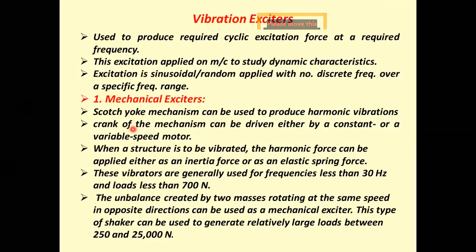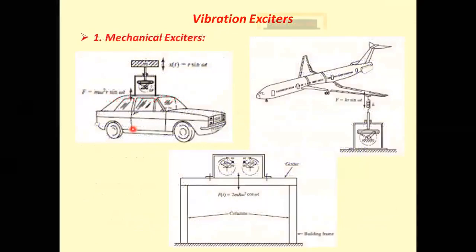Now there is another example of a mechanical exciter, with two rotating masses. This is the first rotating mass and this is another rotating mass. There is a structure, and on that structure two rotating masses are attached.